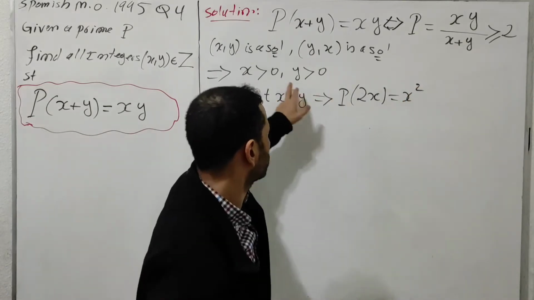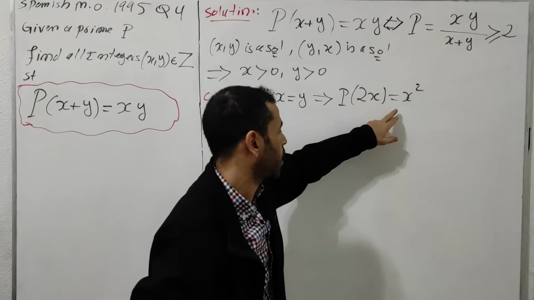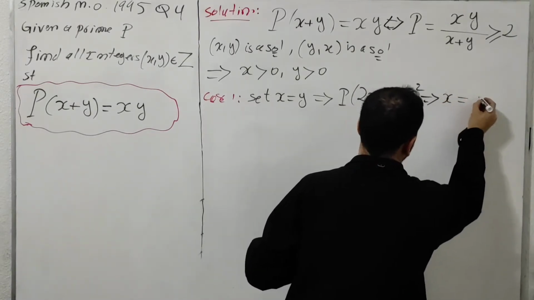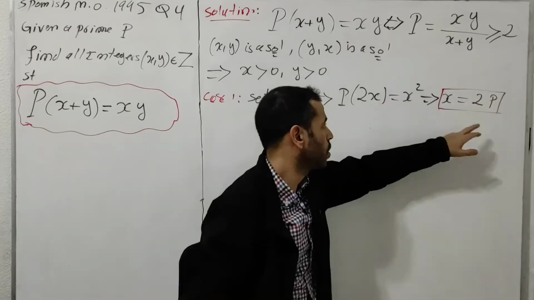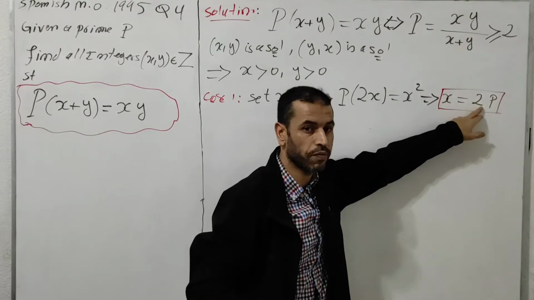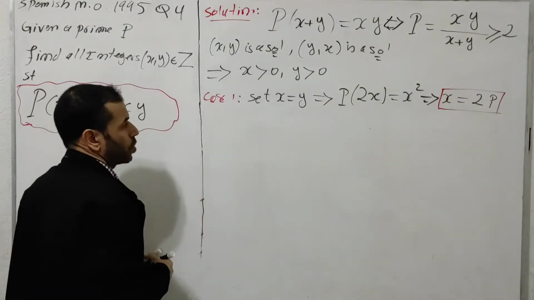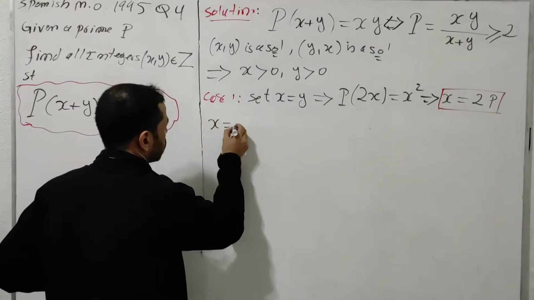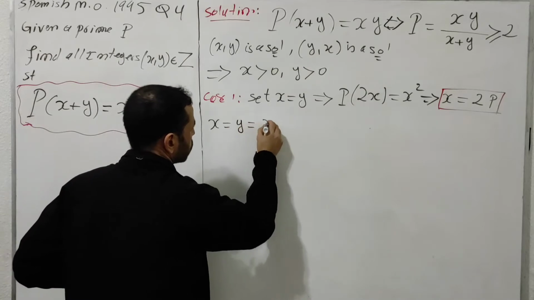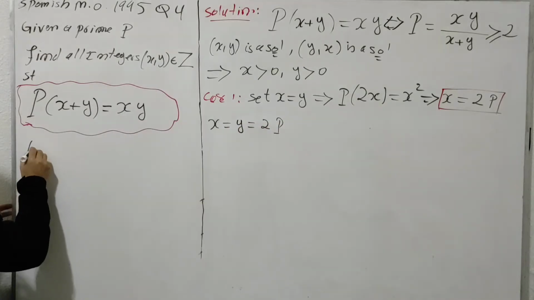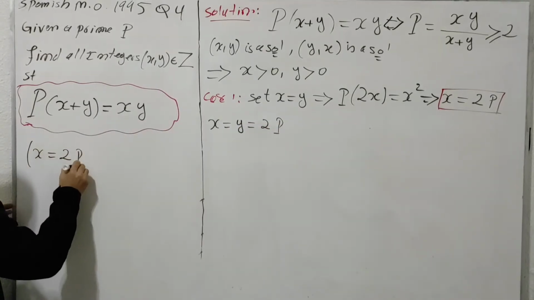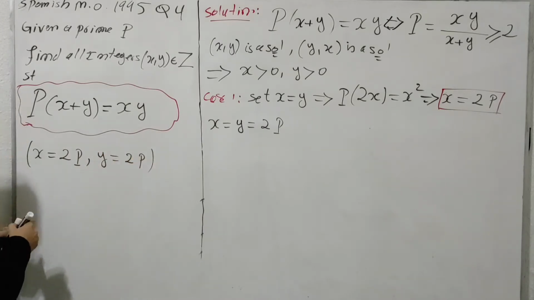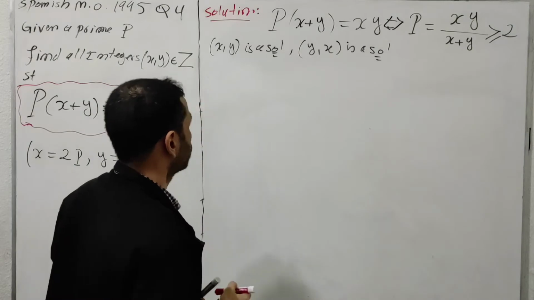Since x is strictly superior to 0, I cancel out x from both sides and get x equals 2p. Since x equals y, that means x equals y equals 2p. Here is the first solution: x equals 2p and y equals 2p, where p is a prime.